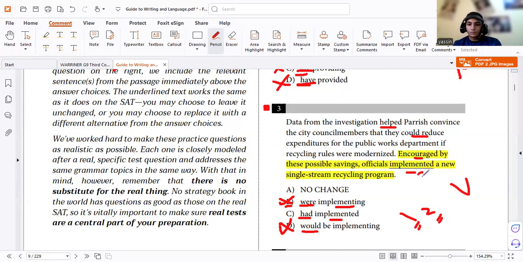Implemented, the second, must be in past simple because they were encouraged first and then put into practice. So it's wrong. Oh, it must be letter A. See that?